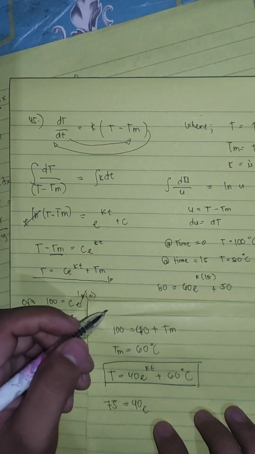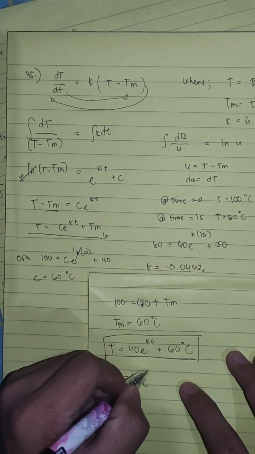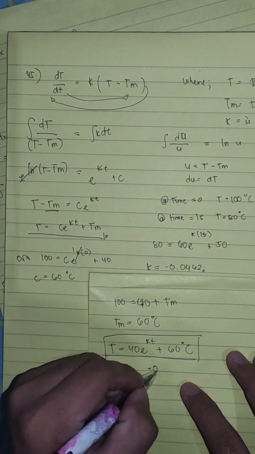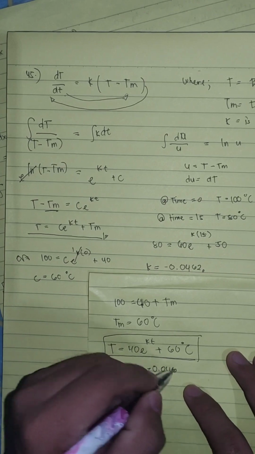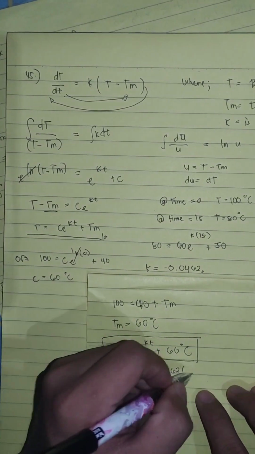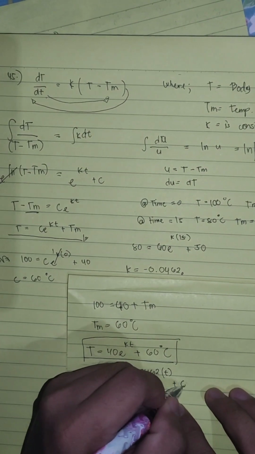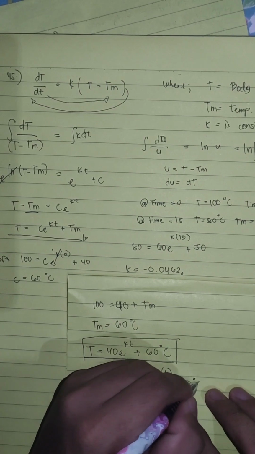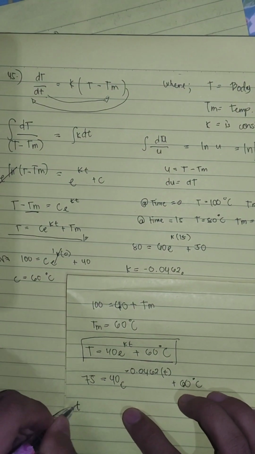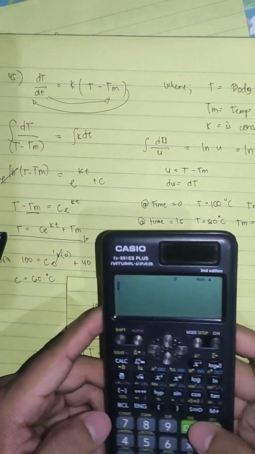We all know that the value of this k is simply negative 0.0462. So we find that t in terms of minutes, we can solve this.